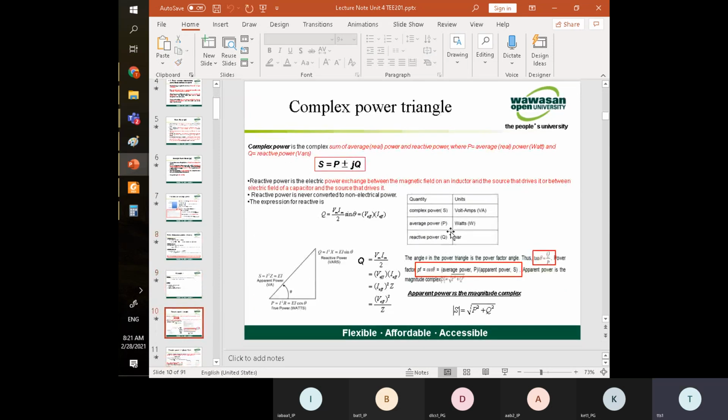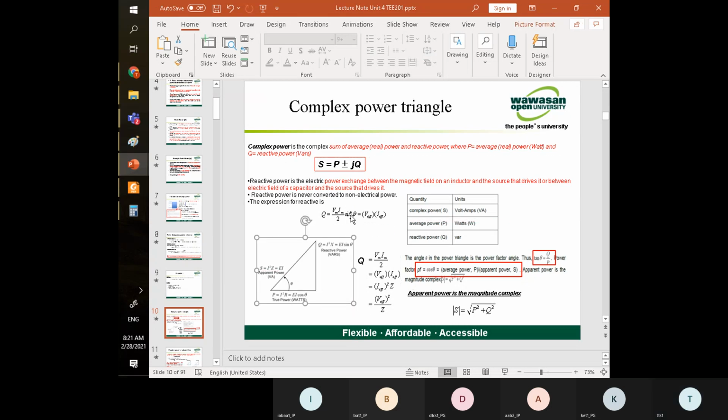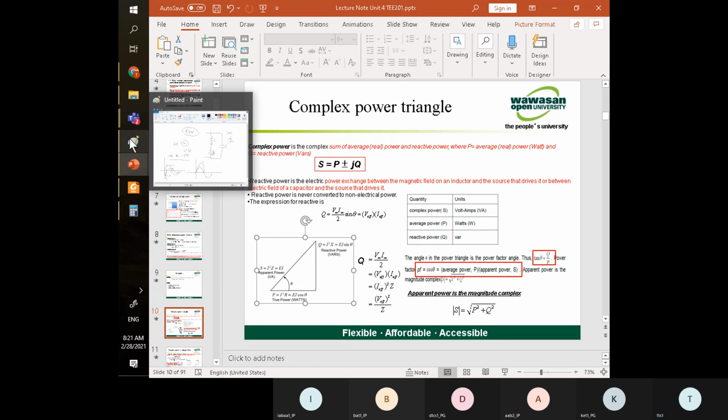Okay. Now we come to something quite new to some students, the first time they see this kind of format. S equal to P plus jQ. So what happened is, you take a look at this figure here. We get a complex number.